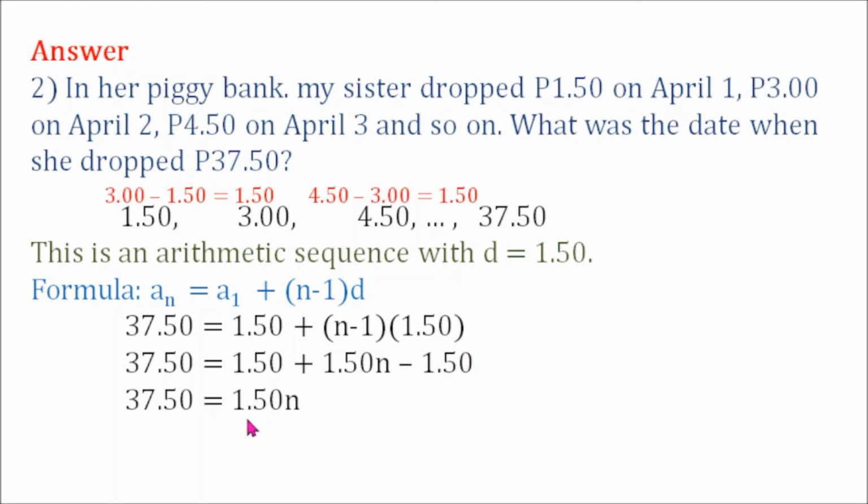Now dividing both sides by 1.50, so n equals 25. So this means 37 pesos and 50 centavos was dropped on April 25.